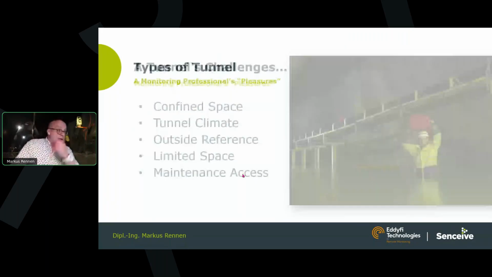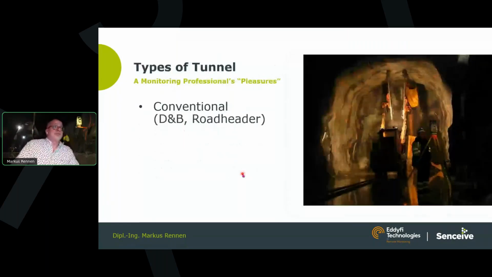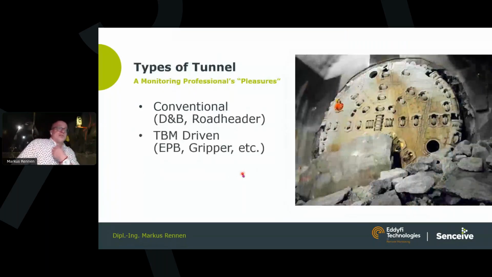Then, of course, we have different types of tunnel, specifically significant during construction. There are conventional tunnels by road headers or drill and blast, TBM-driven tunnels, either gripper with a natural integrity by the surrounding rock, or EPB, earth pressure balanced tunnels with a softer environment, usually then stabilized by segment rings.